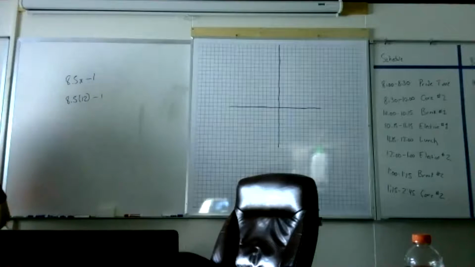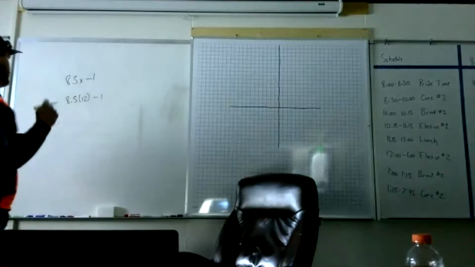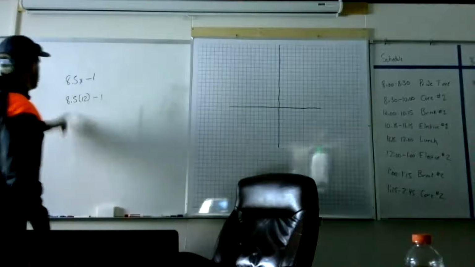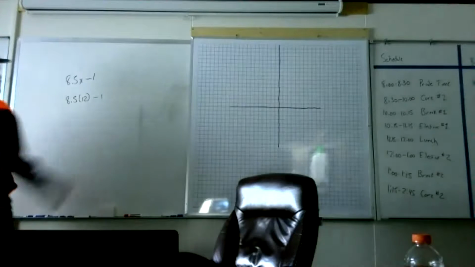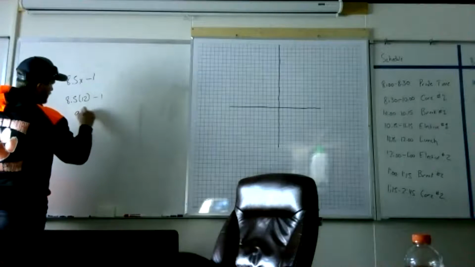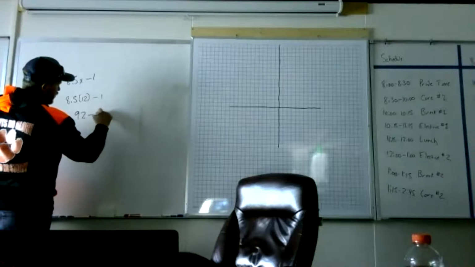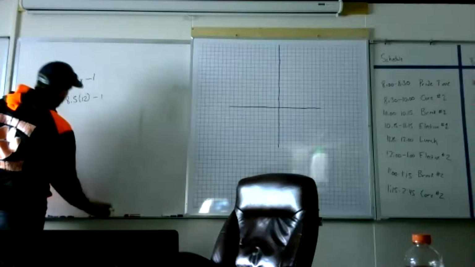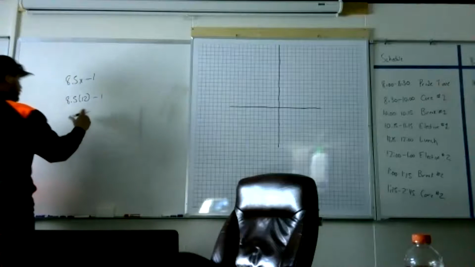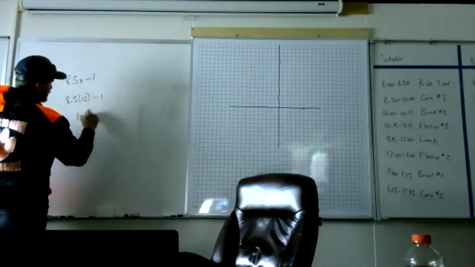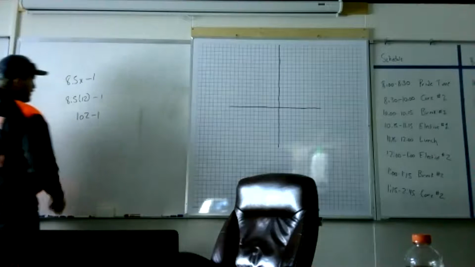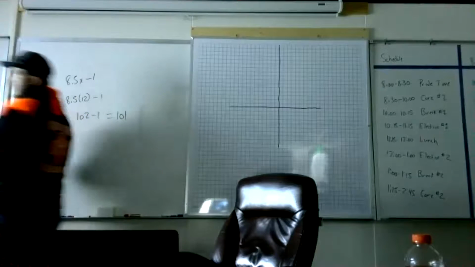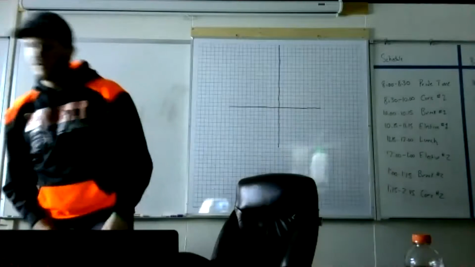12 times 8 is 96. Yes, 96 plus another 2, so 8.5 times 12 is 92, minus 1, no. 8.5 times 12 is 102, minus 1 to get $101 for a 12-hour shift.